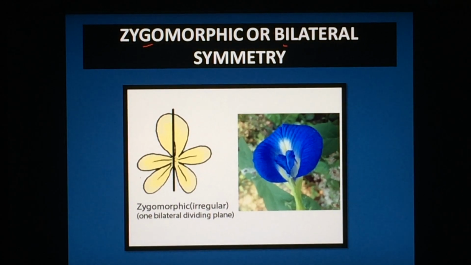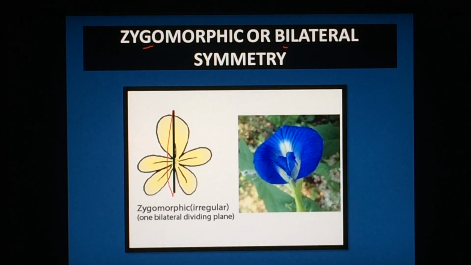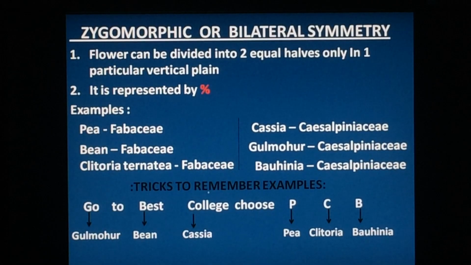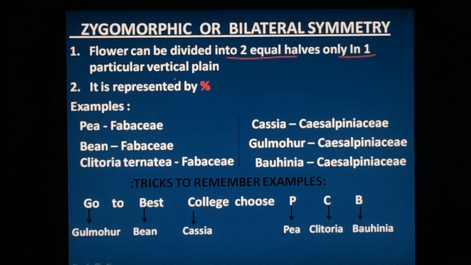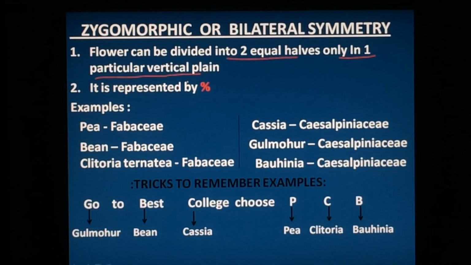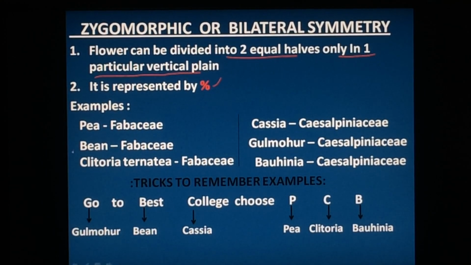Here, by only one plane, you can get two equal halves. This is the only one plane. So, a flower that can be divided into two equal halves only in one particular vertical plane. This will be represented by this symbol, like a percentage sign.